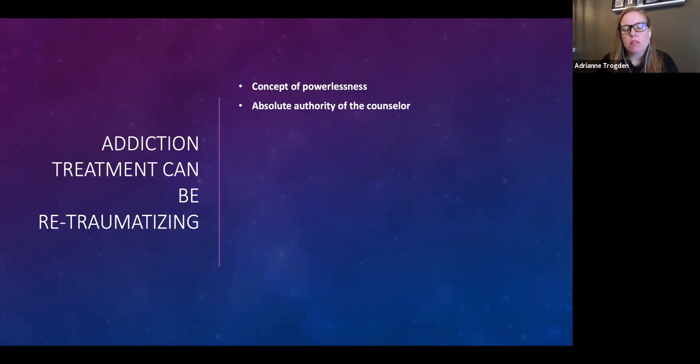So it's important to work with the client from a more collaborative perspective rather than telling the client what to do or giving advice as a counselor. So it's important to pay attention to that when you're working with somebody who has a trauma history as well as the substance use or addiction issues going on.